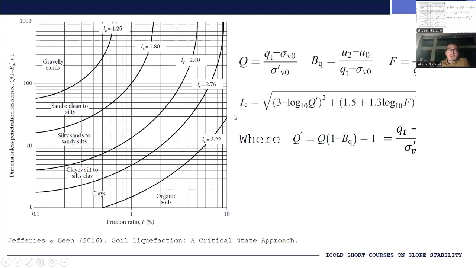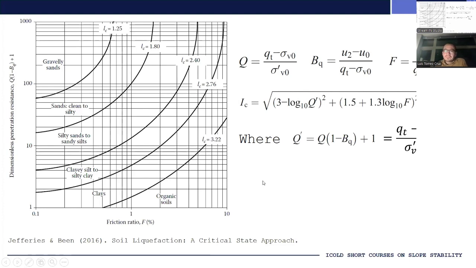So the soil behavior type index, in this case IC, will always be a function of the parameters plotted along the two axes of the chart. In this case, we can see that IC is a function of Q prime, and Q prime is simply this parameter over here, and of F, which is the friction ratio over here.